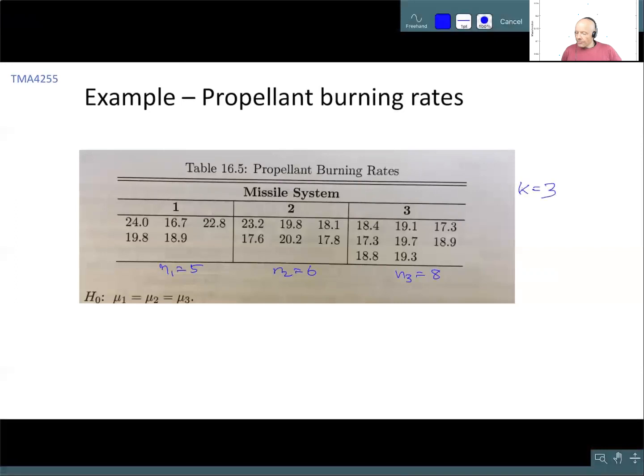The question is if the missile systems are different, so that these burning rates differ between groups. And when we looked at analysis of variance, we compared the variance within groups and the variance between groups. Instead, for these Kruskal-Wallis non-parametric tests, we look at the differences in the ranks in a sorted order of all data.